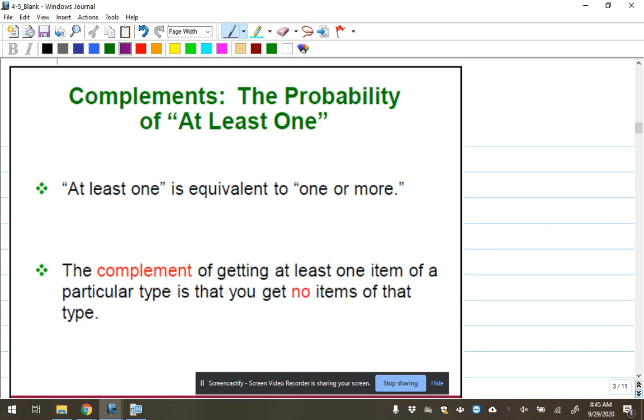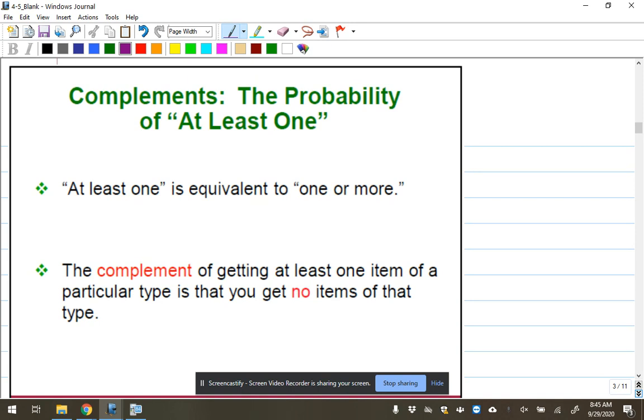So at least one is equivalent to one or more. Okay, so those words go together. So if they say one or more or at least one, that's the same thing. The complement of getting at least one item of a particular type is that you get no items. So the complement of at least one is none.